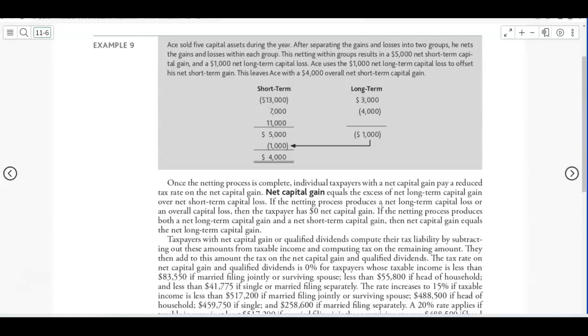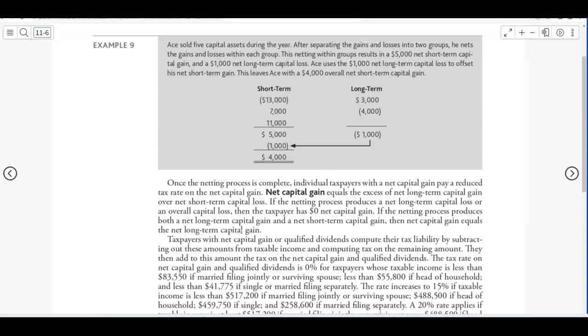If the netting process produces a net long-term capital loss or overall capital loss, then the taxpayers have zero net capital gain. If the netting process produces both a net long-term capital gain and net short-term capital gain, then net capital gain equals the net long-term capital gain.